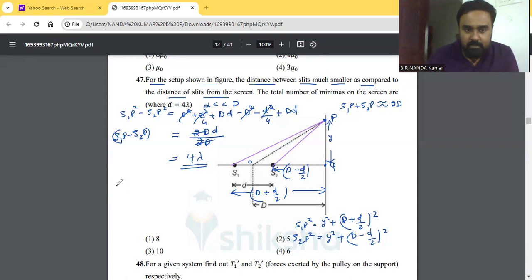Now look, the first 2 minima come on either side of the central bright fringe: plus or minus lambda by 2. Next, plus or minus 3 lambda by 2, then plus or minus 5 lambda by 2, and next plus or minus 7 lambda by 2.